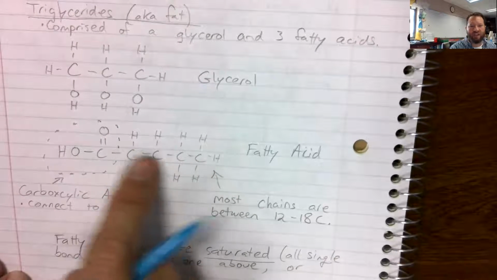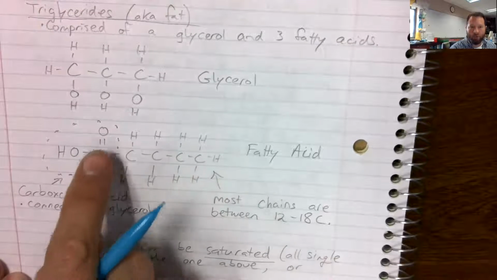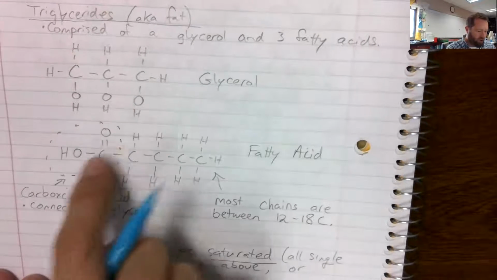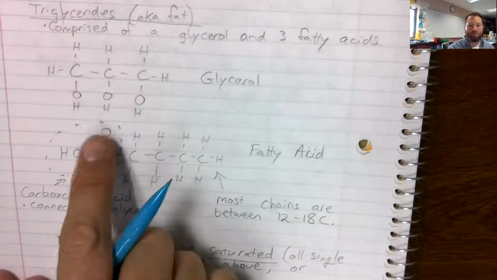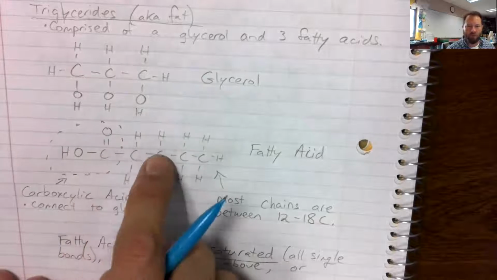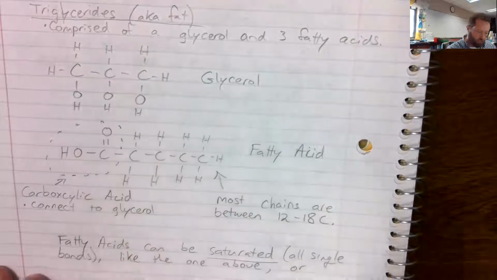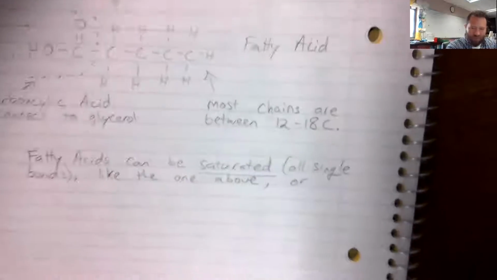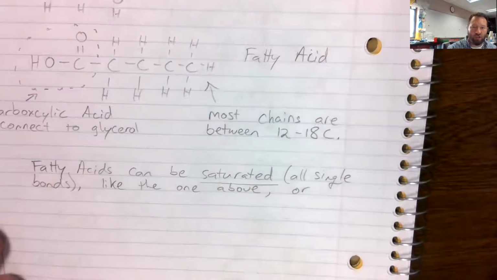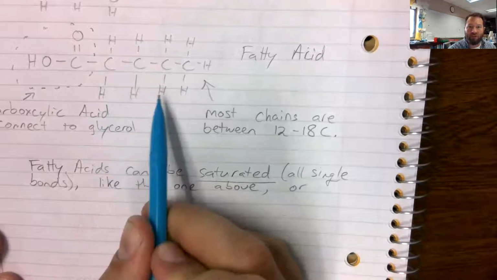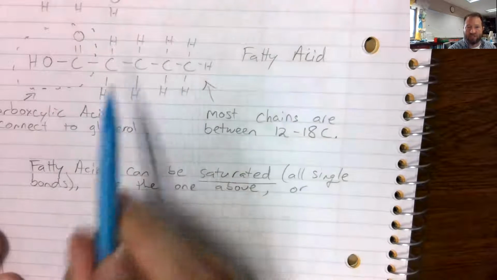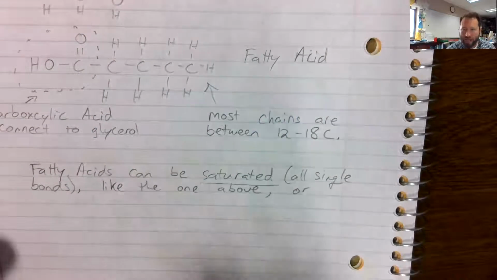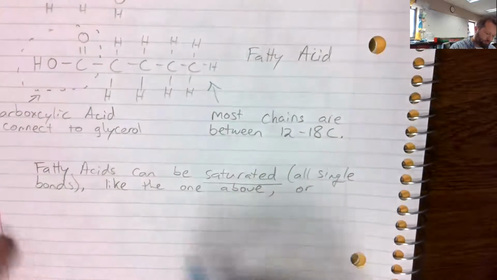All these carbons in the fatty acid tail have single bonds. Don't worry about the carboxylic acid. I know you'd say, it's a double bond there. It is, but they all have that carboxylic acid on top, so after that double bond to O, what do we have? All single bonds. So that's called saturated. The reason why it's called saturated is because it is full of hydrogens. Every carbon has as many hydrogens on it as it can possibly have. It is full, or saturated, with hydrogens.